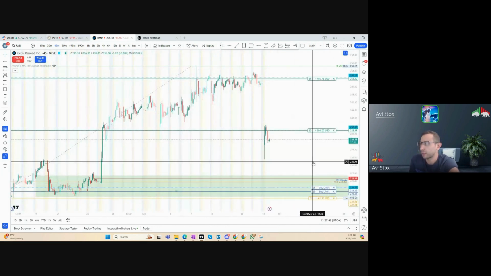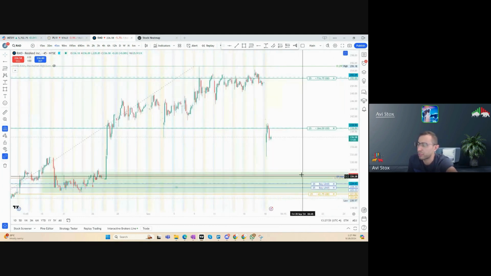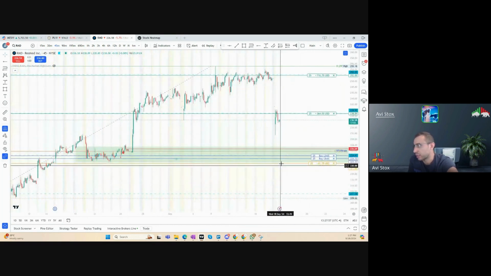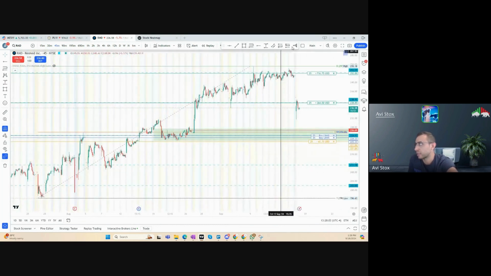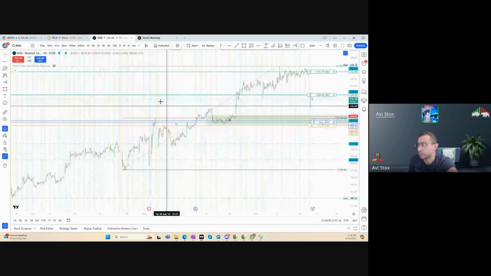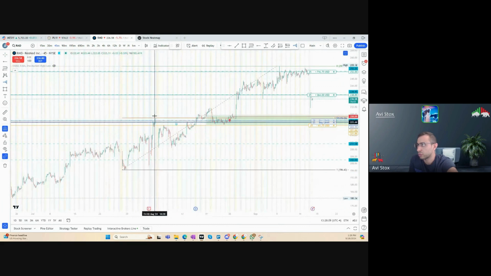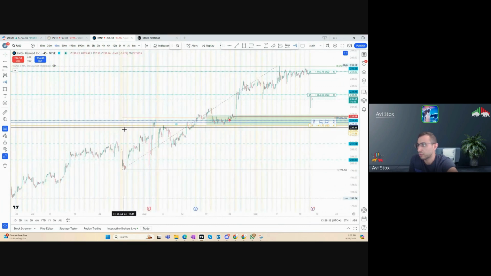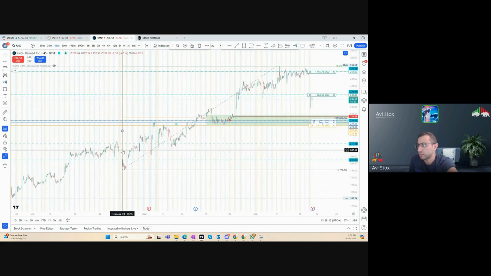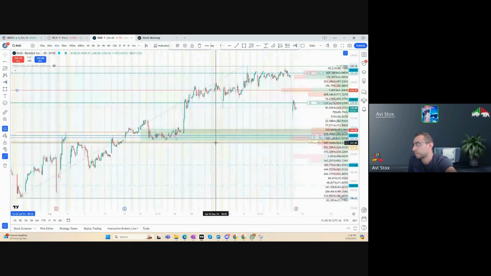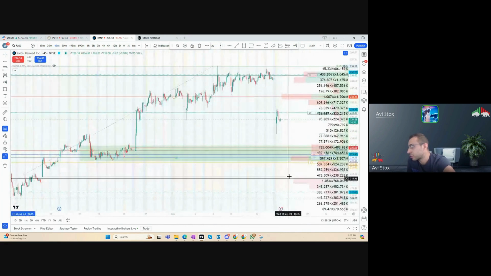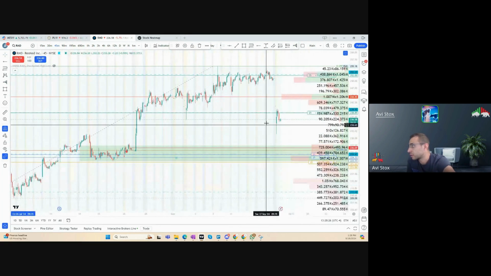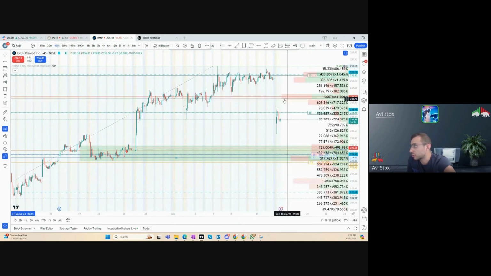Okay, so this is my plan. Reason for that, I have 3 confirmations right there. I have actually 4 confirmations right there. Confirmation number 1, I have a weekly zone, which is very, very high. Number 2, if I go from here, we will see that the most traded shares will be here.